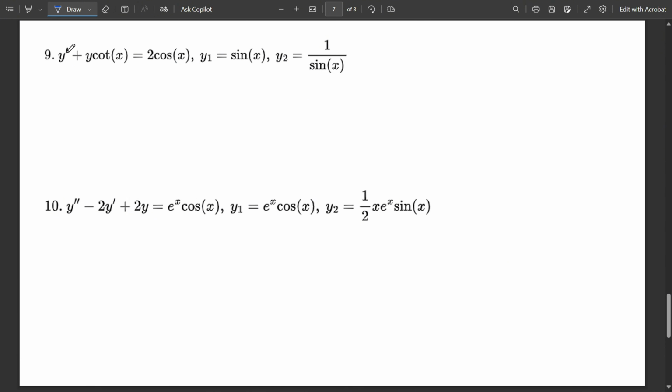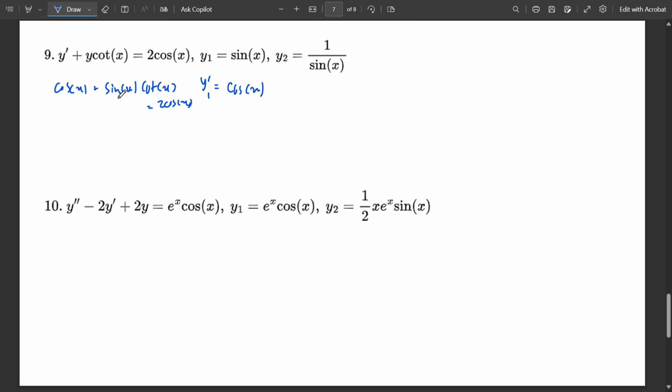The highest derivative is y prime, so we just have to take the first derivative, so y prime equals cosine of x. And we directly substitute it. We have cosine of x plus y, which is sine x, times cotangent of x equals 2 cosine of x. Well, is it true?